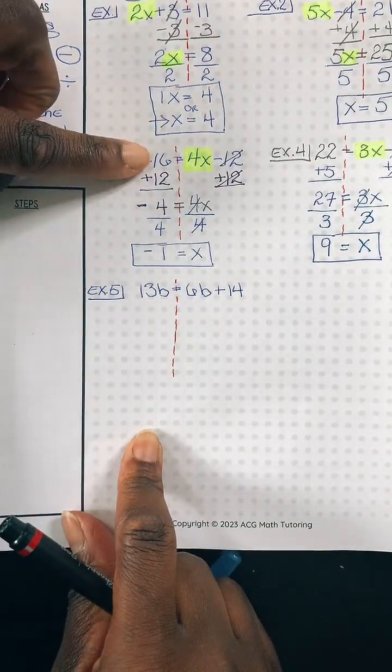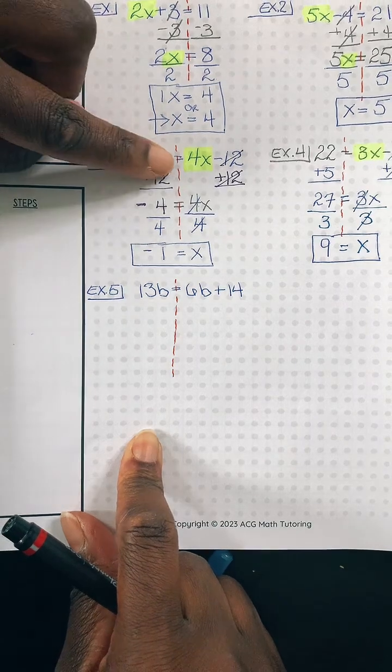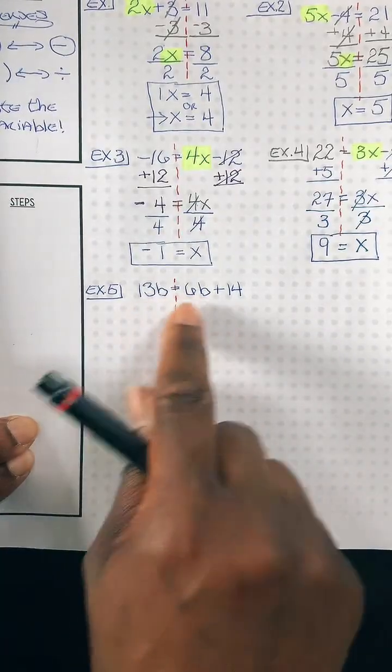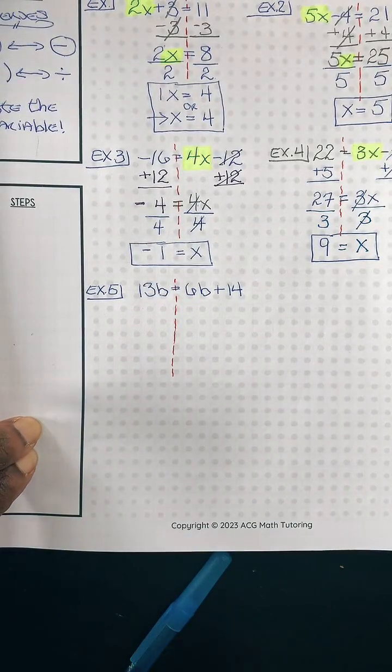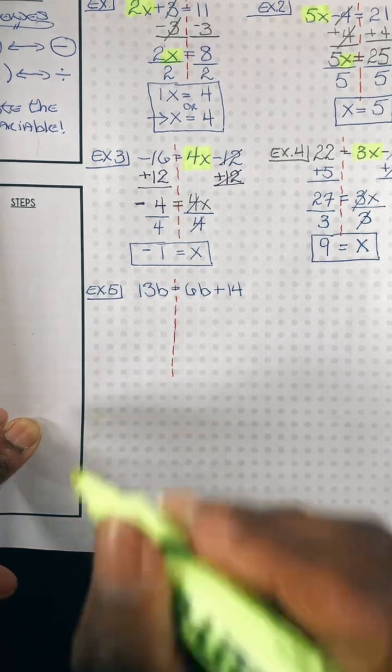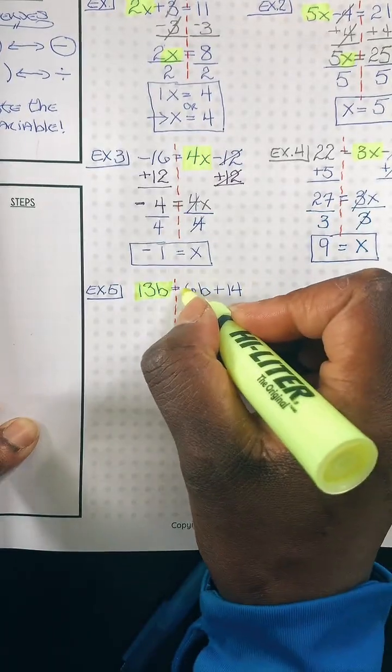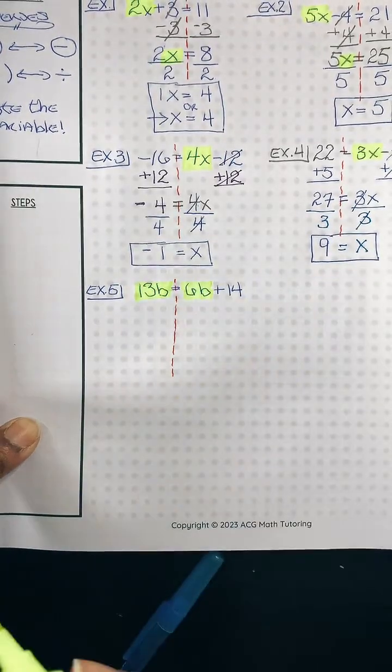Compared to all the other ones, we only had one x. Now we're in this tricky situation. We got two boo things. So we have 13b on one side, and we have 6b on the other side.